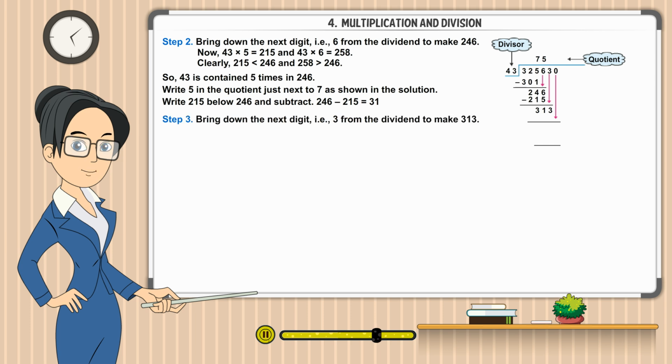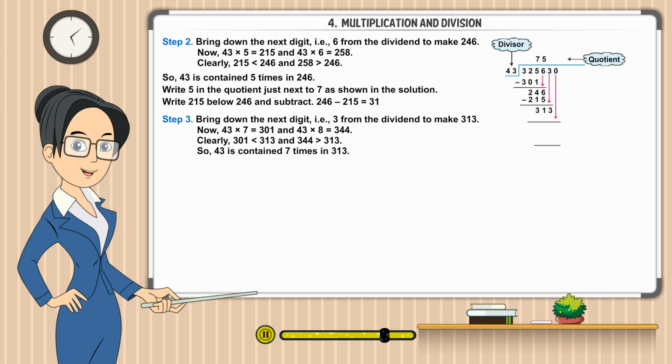Step 3. Bring down the next digit, that is 3, from the dividend to make 313. Now, 43 × 7 = 301 and 43 × 8 = 344. Clearly, 301 is less than 313 and 344 is greater than 313.